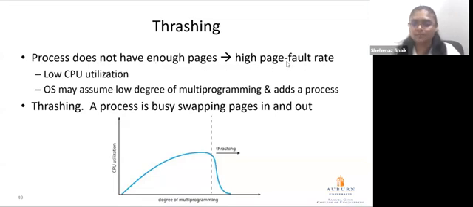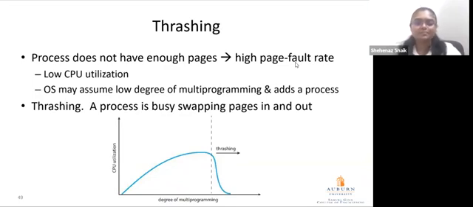And because of the high page fault rate, of course, it results in low utilization of the processor itself, because a lot of work is being done in simply swapping in and swapping out the same pages, right?